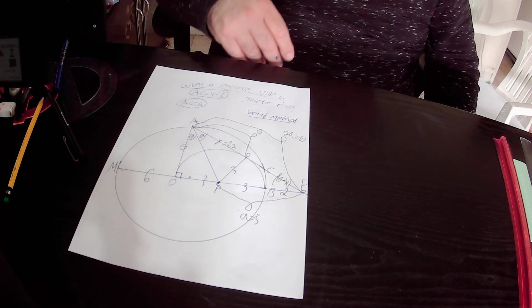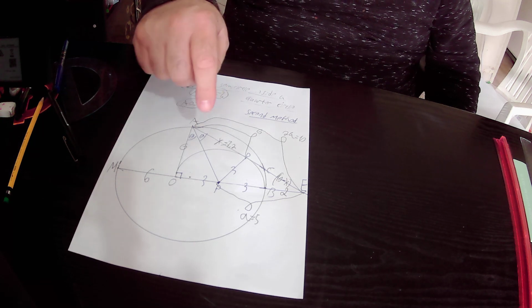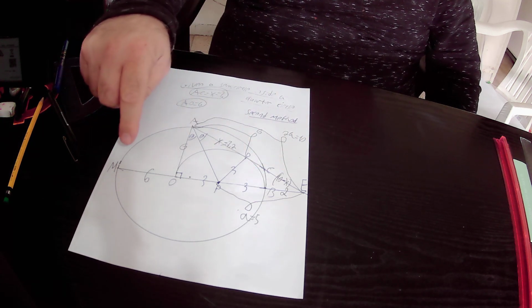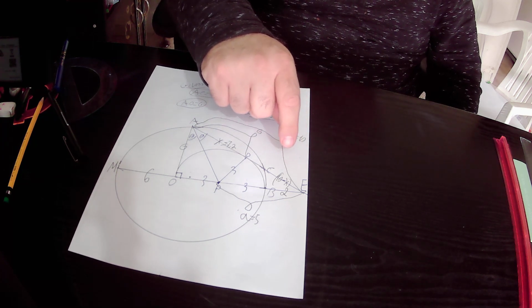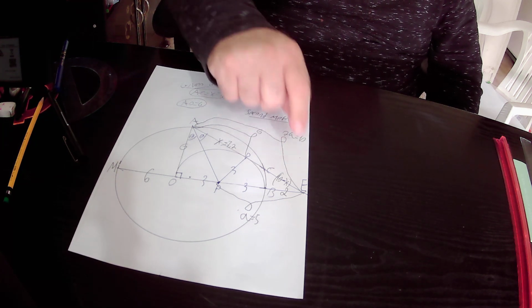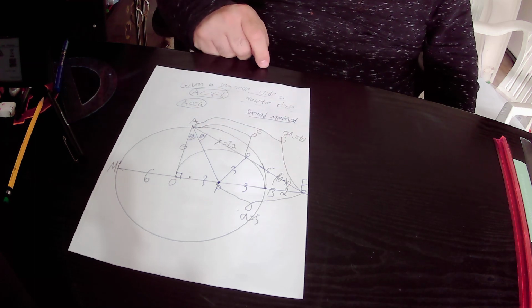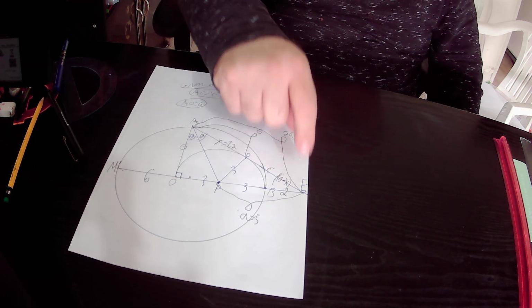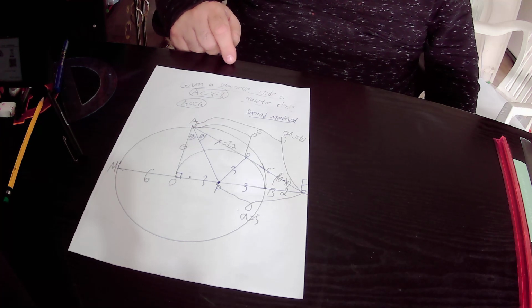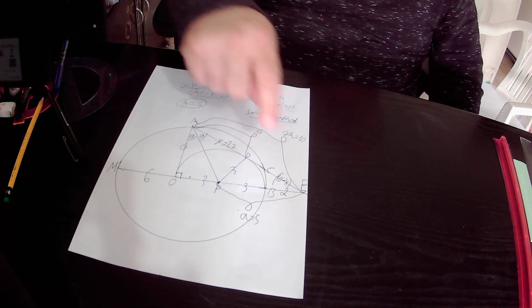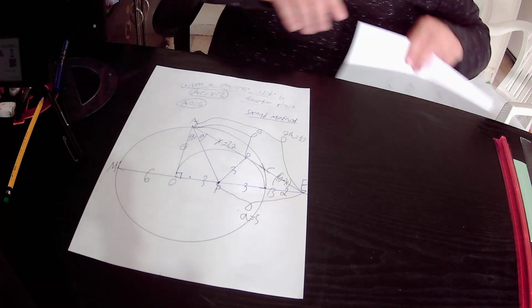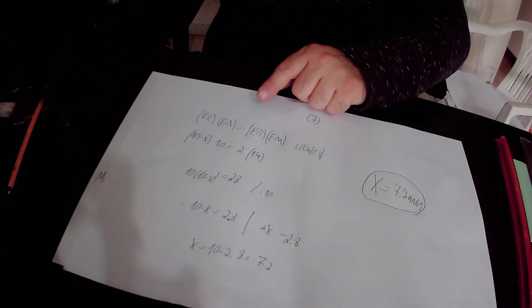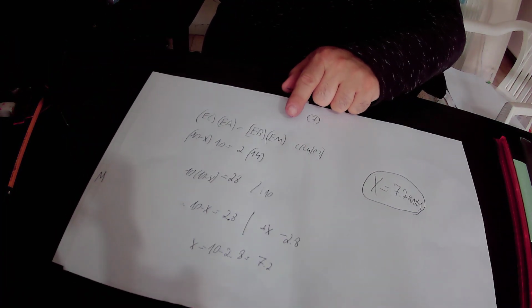So we have here chord EM and chord AE that intersect with each other externally at point E outside the circle. Point E is the intersection point of those two chords, and according to rule number 3, we get that EC times EA equals EB times EM.